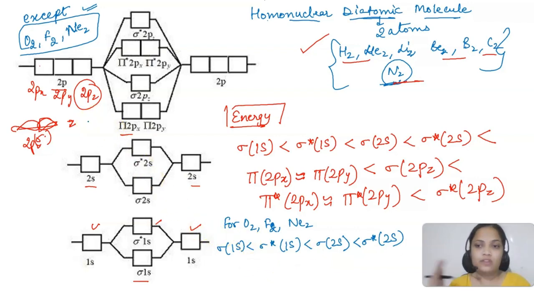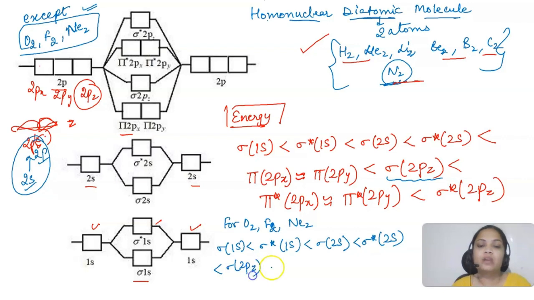As we move from left to right in the periodic table, because of increased nuclear charge, the energy difference between the 2s and 2p orbitals increases. You don't have to understand this, but I'm just telling you the difference. Because of that, sigma 2pz will come before pi 2px and pi 2py. This is the only change that will happen.